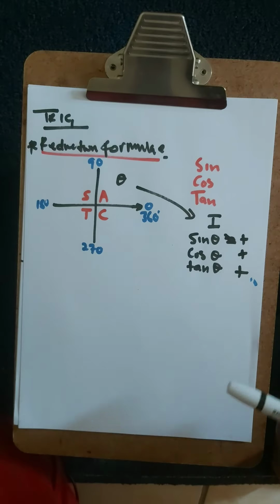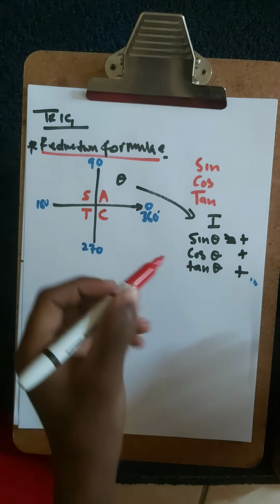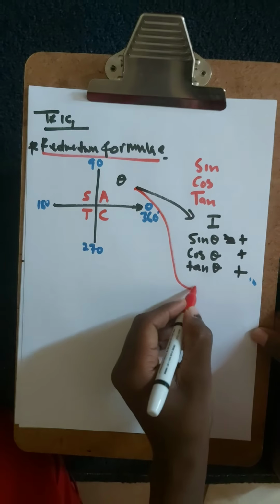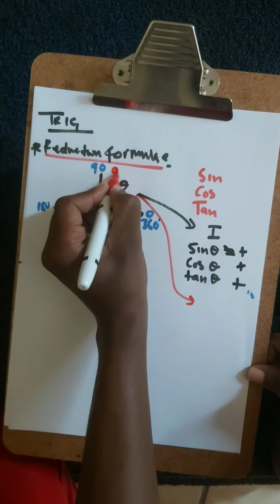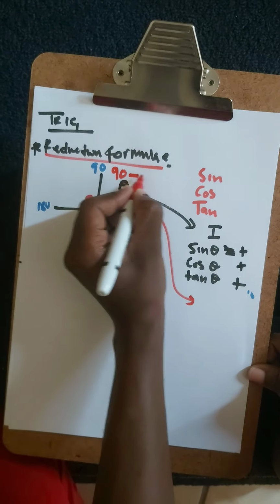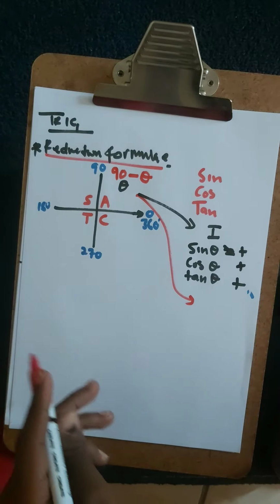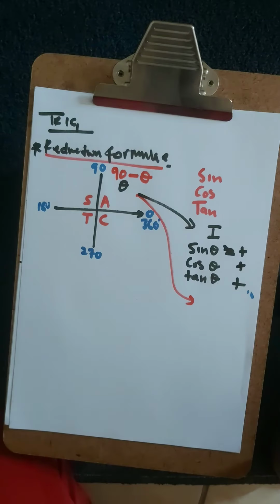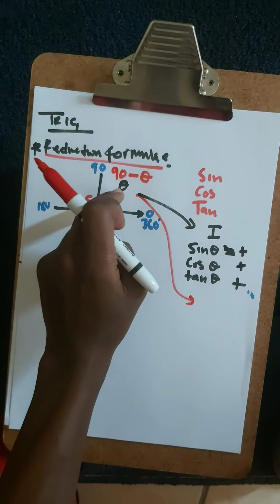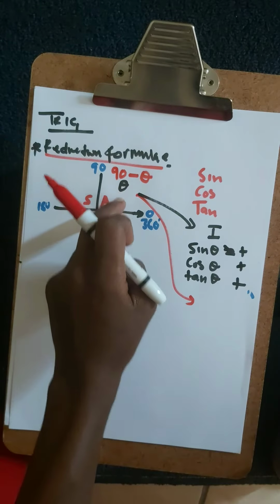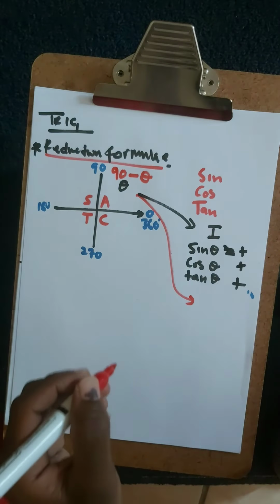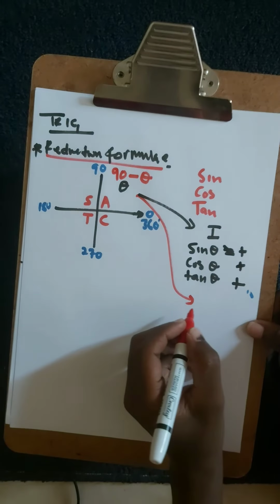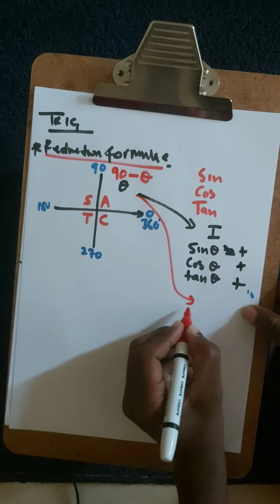Okay, then another thing that we have in the first quadrant, if I say 90 degrees minus theta, it means I'm saying 90 degrees minus an acute angle, which will land in the first quadrant. So now what do we say?